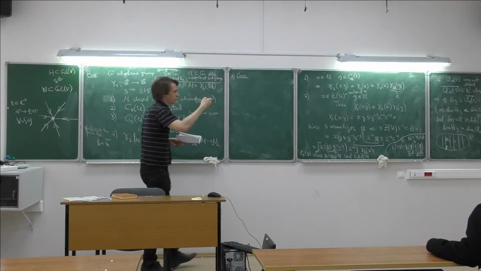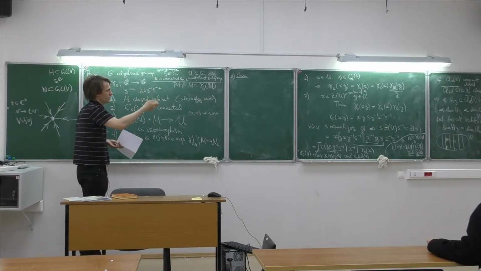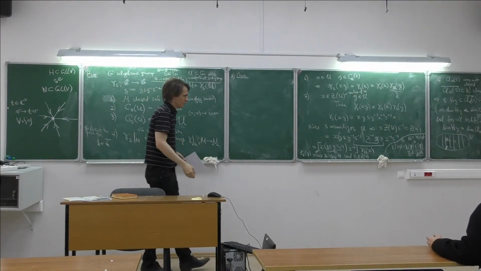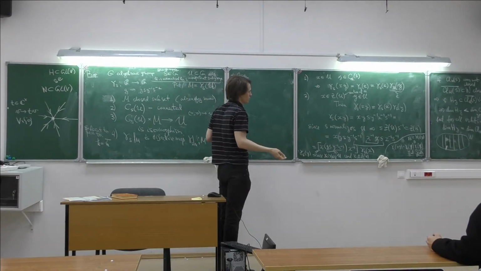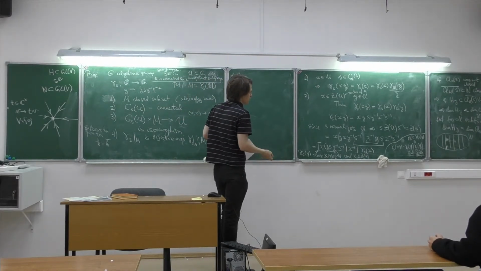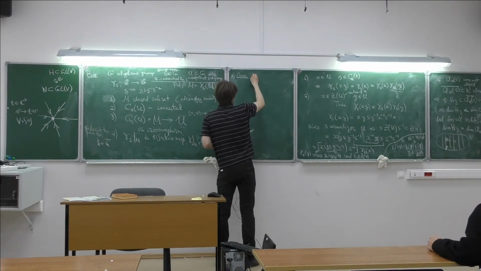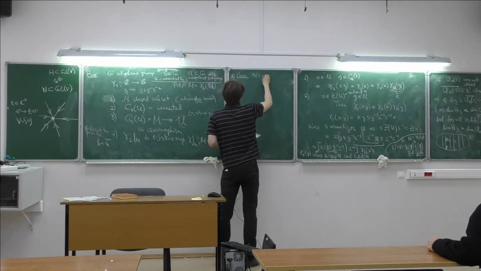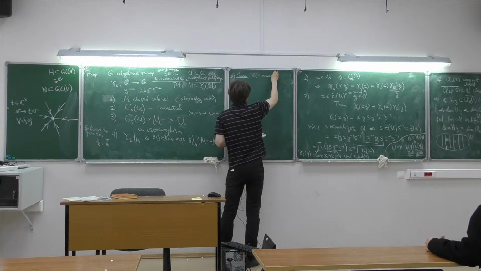So now we shall reduce case by case, from the more general case to some particular cases. So case one is when U is commutative.